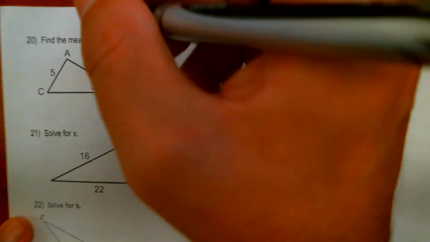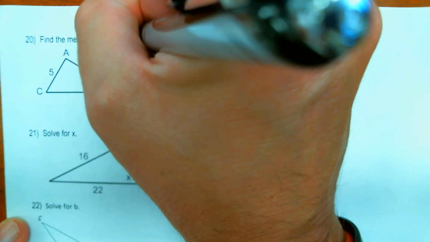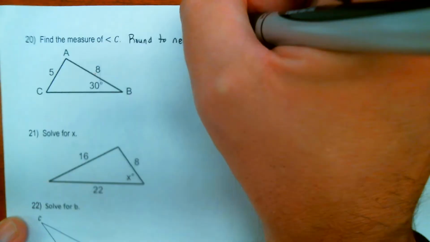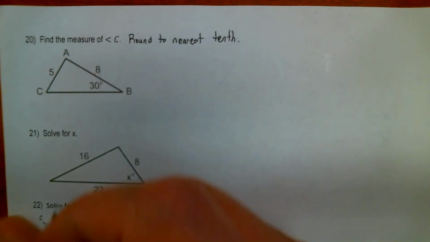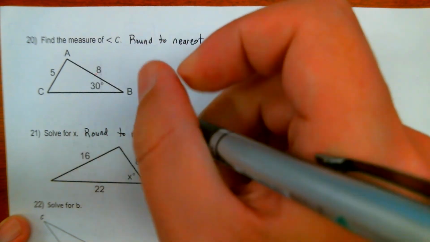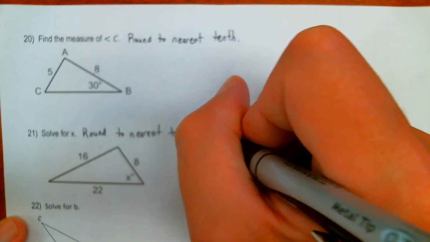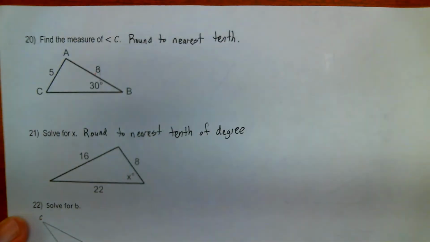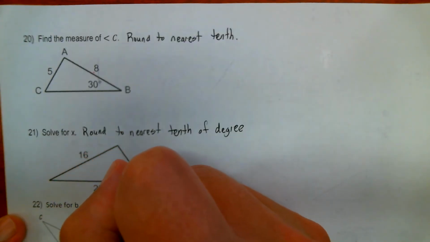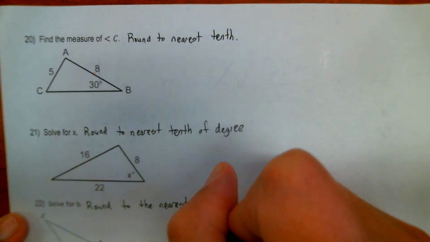So this one we're going to round to the nearest tenth. This one I went back and said round to the nearest tenth of a degree. The next one I said round to the nearest number.